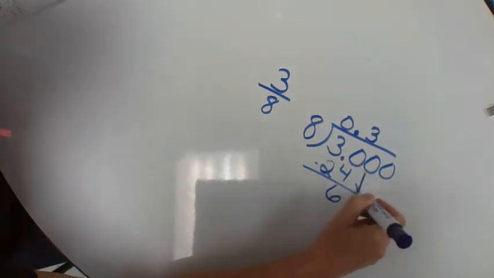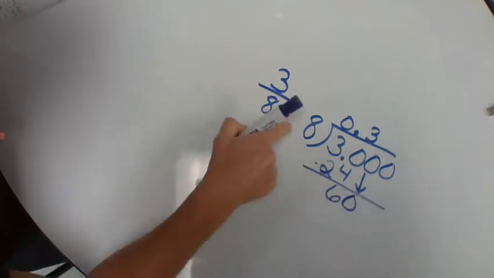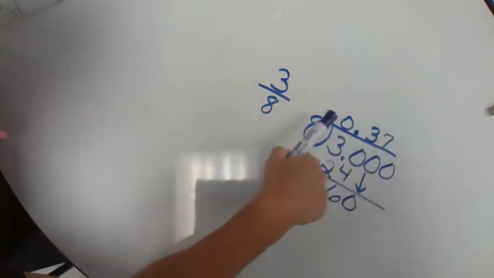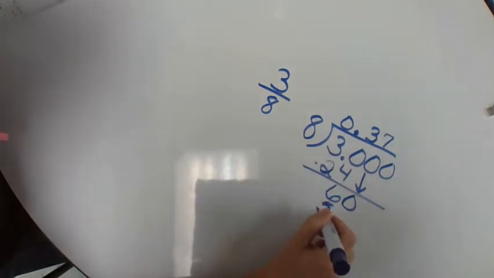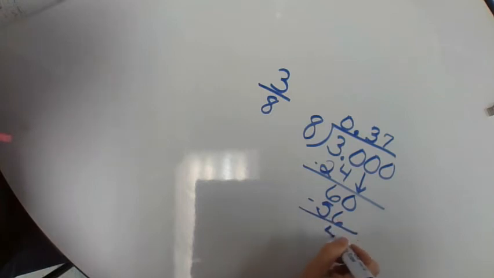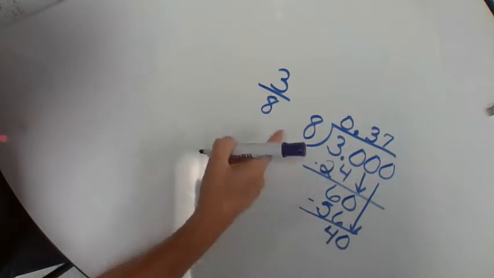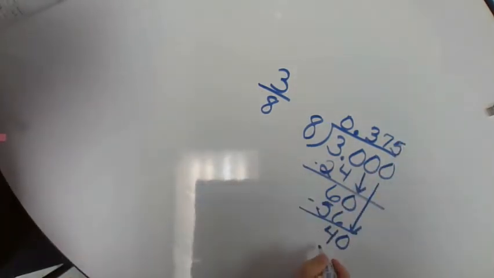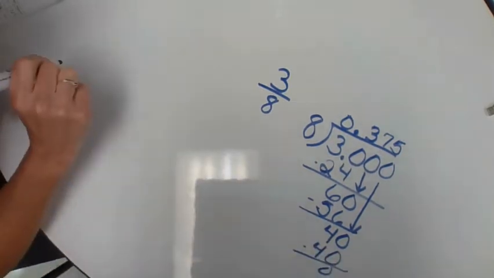Bring down the 0. 8 goes into 60 7 times. 7 times 8 is 56. Subtract. 60 minus 56 is 4. Bring down a 0. 8 goes into 40 5 times. 8 times 5 is 40, and we are finished dividing.